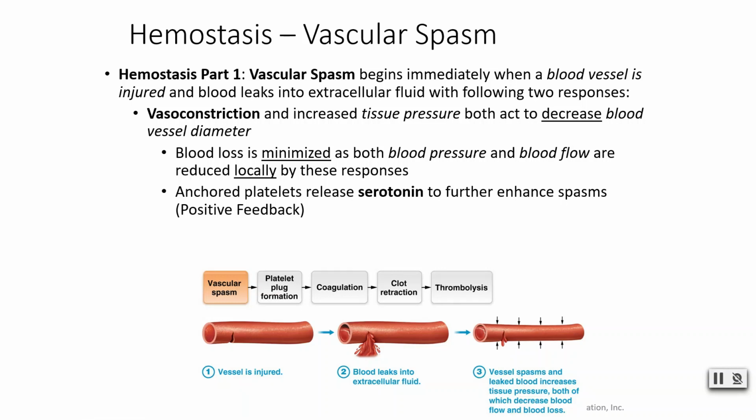So we are going to keep recruiting platelets and keep releasing serotonin. We're going to continue the vasoconstriction, the vascular spasms, and continue to minimize that blood loss until we can finish creating the blood clot and fully repairing that vessel.